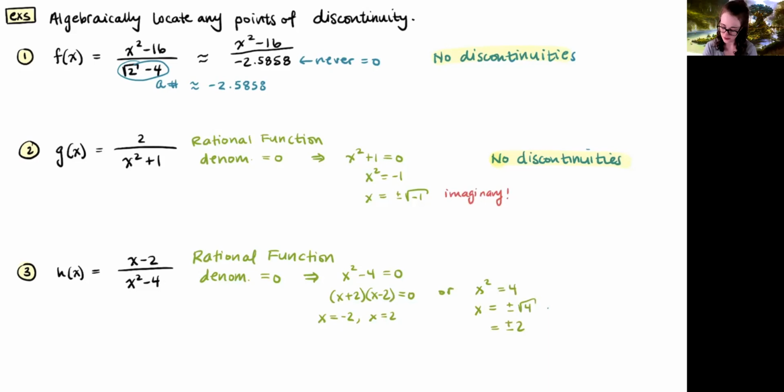But if that makes more sense to you, you can do that. Again, just make sure that you include the positive and the negative when you apply square root. So in either case, we are going to have 2 discontinuities. And they are going to be at x equals negative 2 and x equals positive 2.